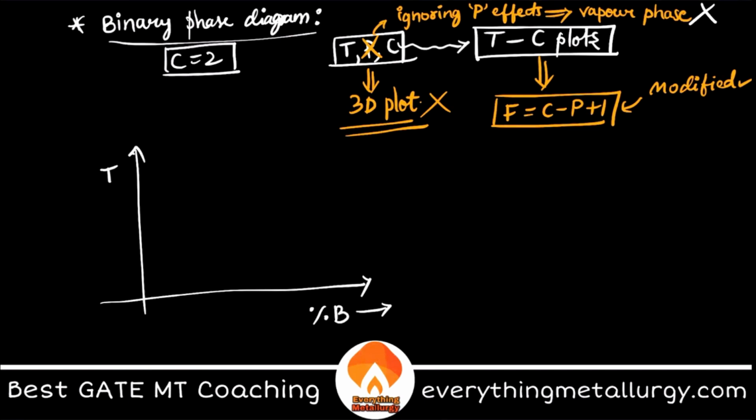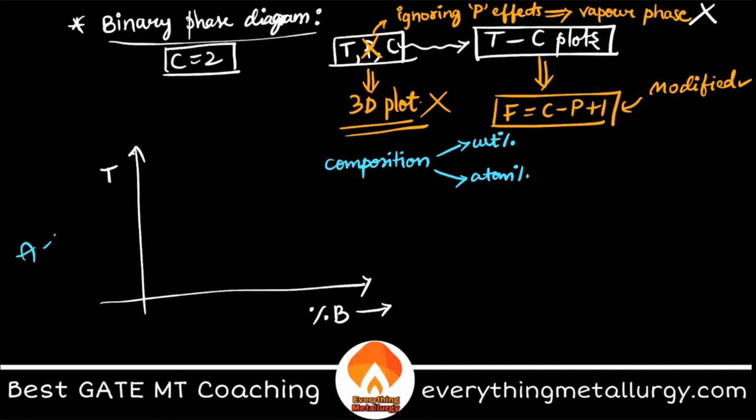Composition can usually be represented in two ways. One, the weight percentage of a particular solute atom, or you can also use atomic percentage. Typically, we use weight percentage.